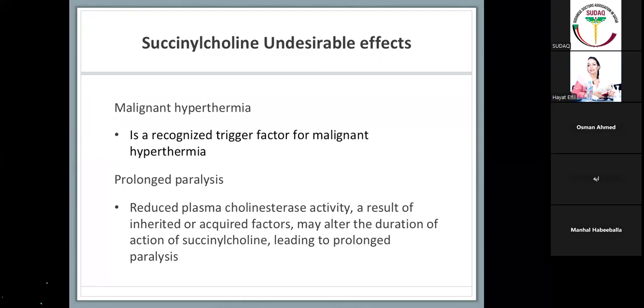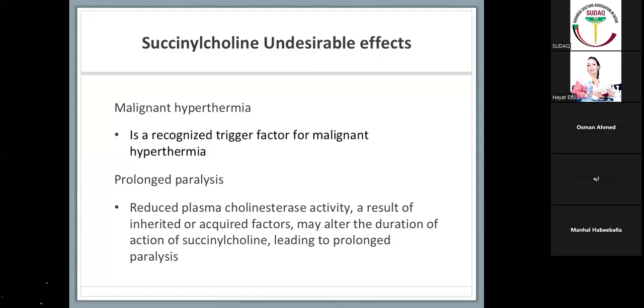Obviously, every anesthetist must know about malignant hyperpyrexia in terms of recognition, susceptibility, how to treat a crisis, and how to treat patients susceptible to malignant hyperthermia coming for anesthesia. Malignant hyperthermia is probably a different topic, but you really need to know about it.